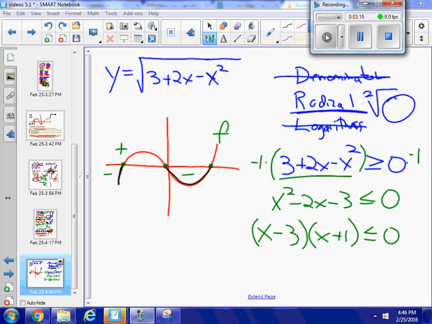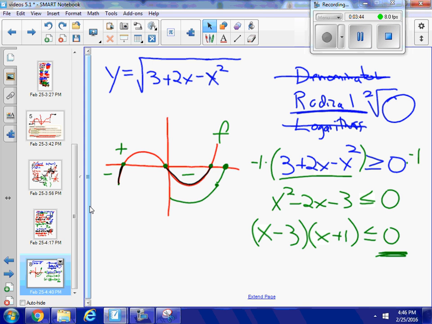That's the only place they can possibly change. If my polynomial is down here, I can't change from negative to positive there; I still have to go all the way to the x-axis. So the only place they can change is where y is equal to 0, where my value of x produces a 0 y.